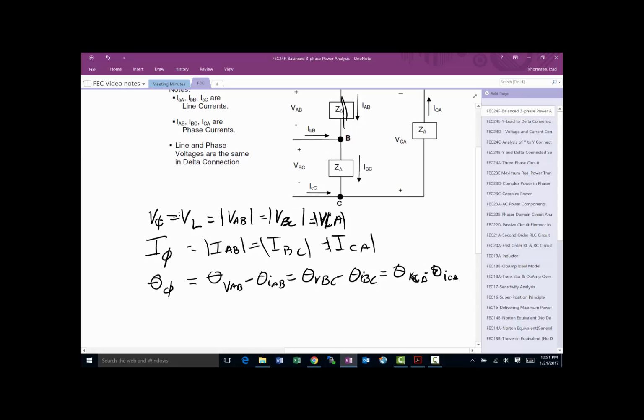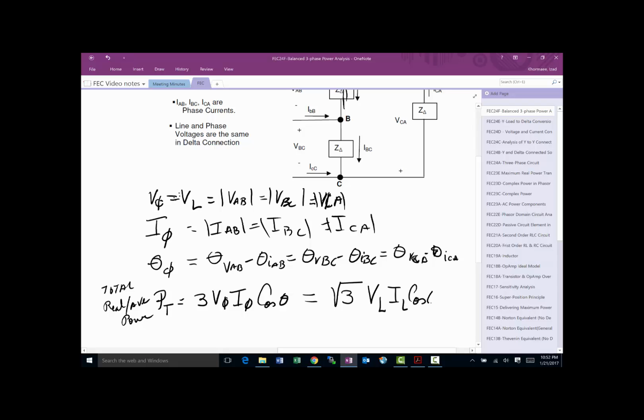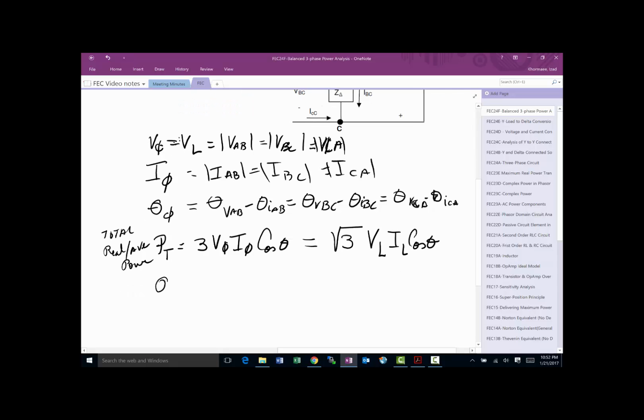Those are all going to be the same, and if we follow the same procedure as in the previous case, we will find that the total real or average power is the same as before, which is 3 V phi I phi cosine of theta. If you want to write it in terms of line voltage and current, it's going to be the square root of 3 V L I L cosine of theta. For the reactive power, we do more or less the same thing, replacing the cosine with sine and you get the same result.